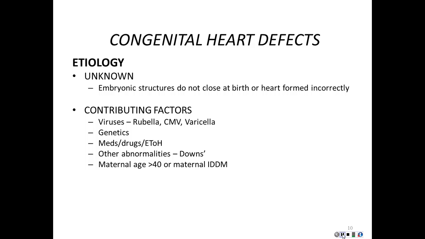If a woman has continued to take lithium during her pregnancy, we can see something called Epstein's anomaly, or ASD, atrial septal defect, as part of that problem. If the woman has used amphetamines during the time frame, we can see VSDs, PDAs, patent ductus arteriosus, ASDs, and TGA, which is transposition of the great arteries. All of those can be seen.